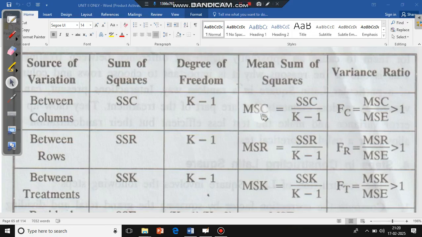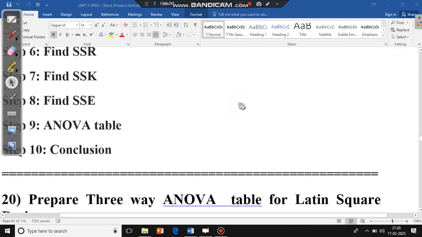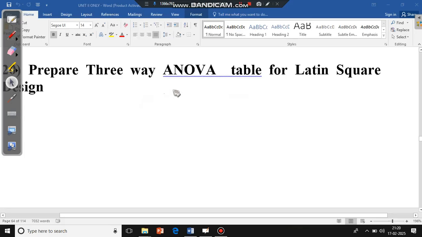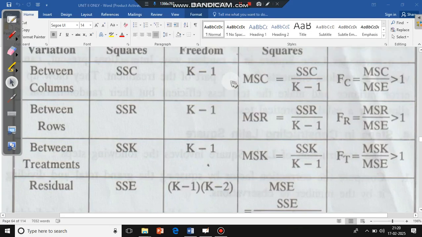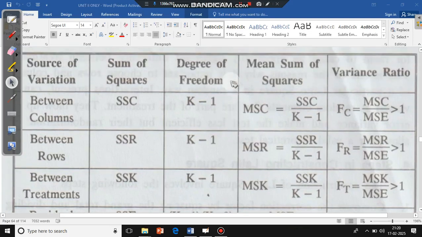Okay students, in this session we are going to discuss three-way ANOVA for Latin square design. Now look at the table here. This gives you three-way ANOVA. As we know, the sources of variance are between columns, between rows, and between treatments.